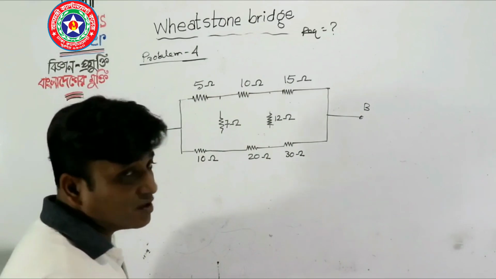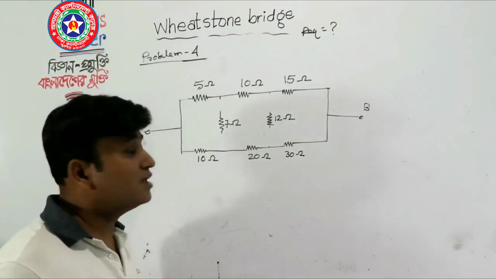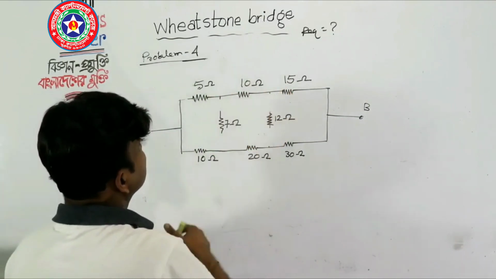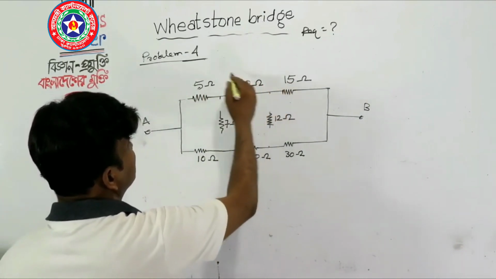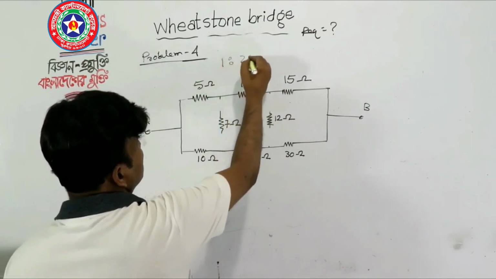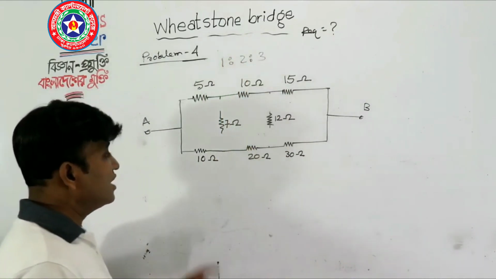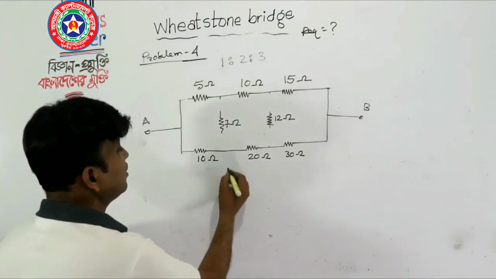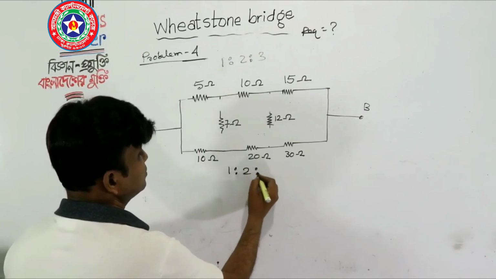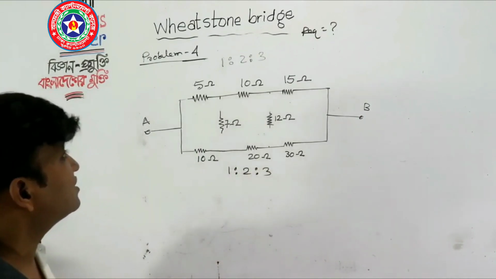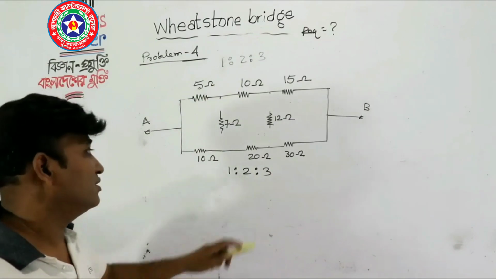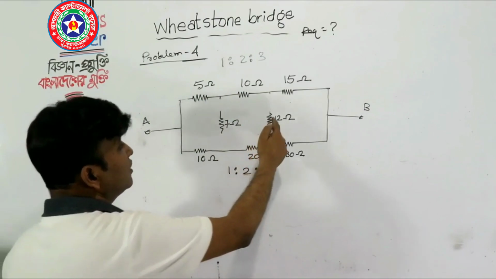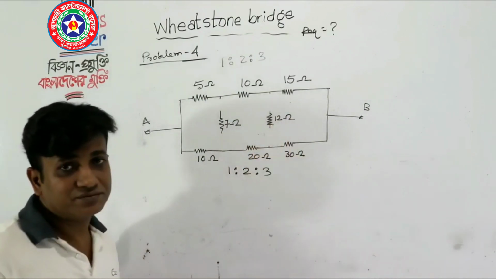So we can consider the circuit in another way: the ratio of the resistances on the upper side is 1:2:3, and the ratio of these resistances is also 1:2:3. As their ratios are the same, no current will flow through the 7 ohm and the 12 ohm resistances.